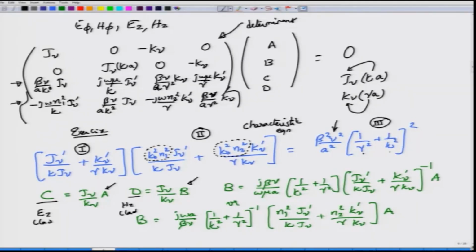But then you know that C and D themselves can be written in terms of A and B, and therefore you can actually obtain one equation which relates B to A. Please remember, B is the amplitude of the magnetic field Hz, A is the amplitude of Ez. Similarly, by following the fourth row of this matrix, it is possible for you to obtain another relationship between B and A.